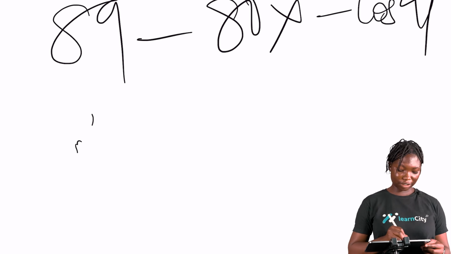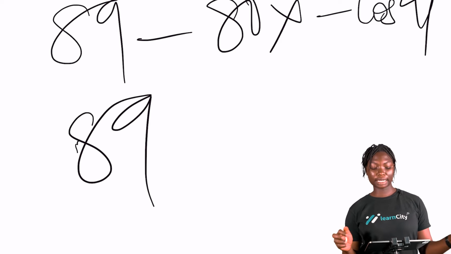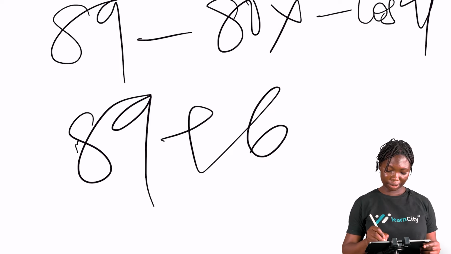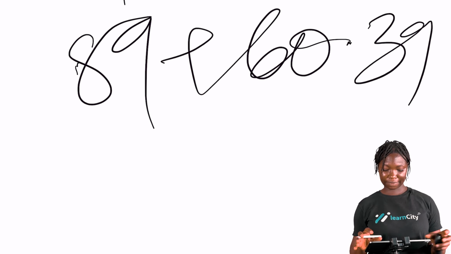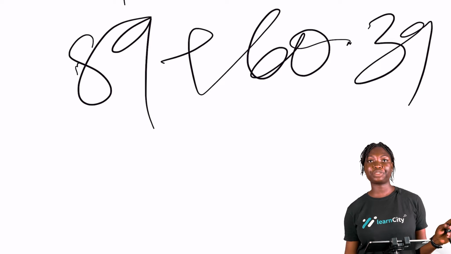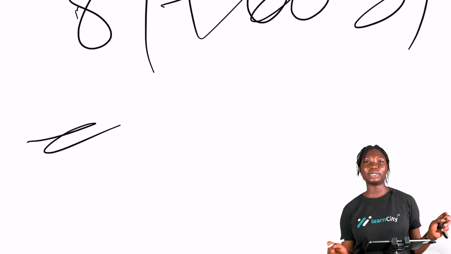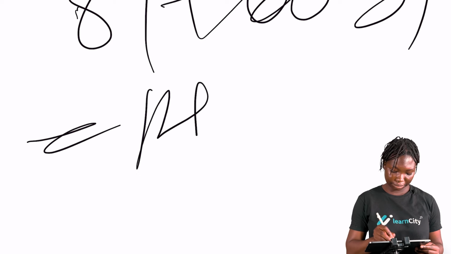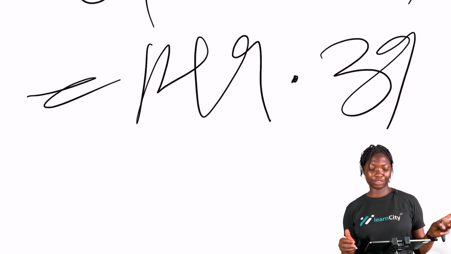So here we have it to be 89 plus 60.39, where we have this to be 149.39.